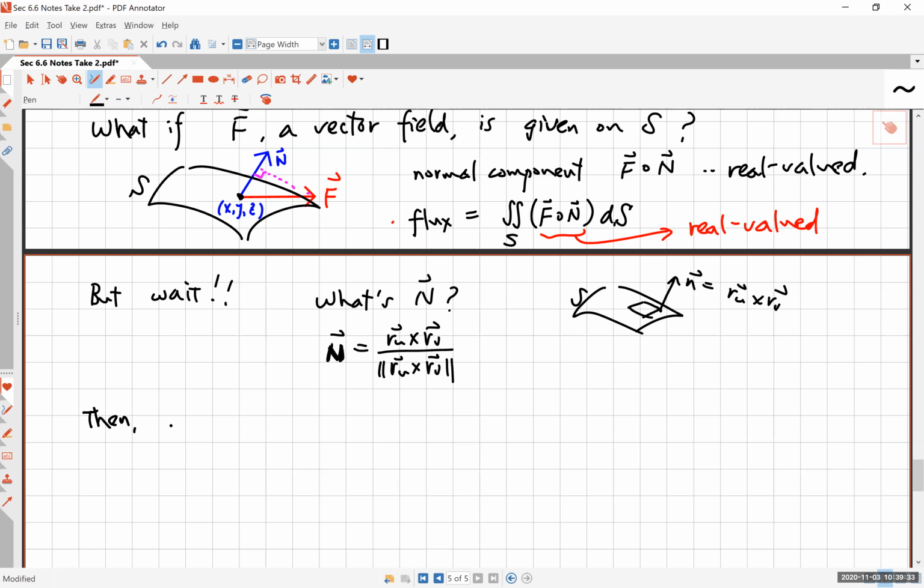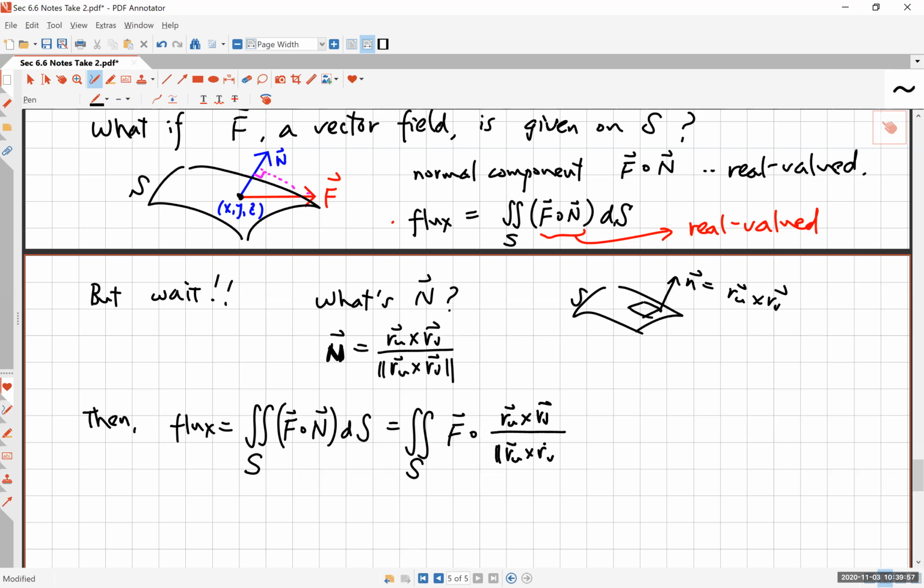Then the flux integral, oh, this is exciting, which is a double integral of the real valued function F dot n dS, can be written as F dot, and what is n? It's RU cross RV divided by the norm of RU cross RV.